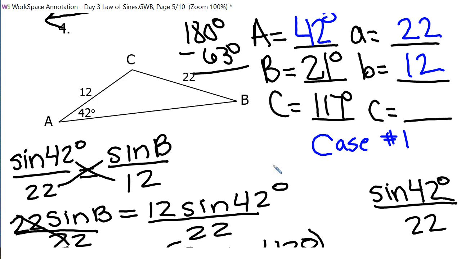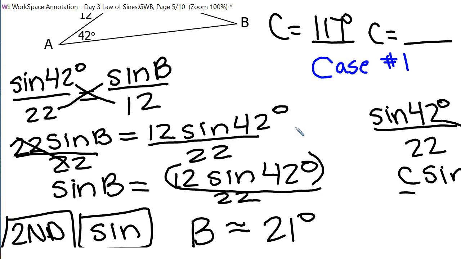Now cross multiply, so this would be C times the sine of 42 degrees is equal to 22 times the sine of 117 degrees. Divide both sides by sine of 42 degrees. Rounding sides to the nearest 10, what would C be? 29.3.